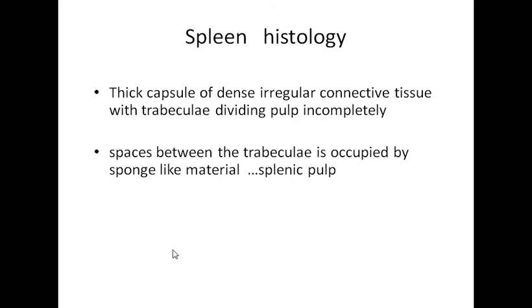And this capsule sends extensions inwards into the stroma. These inward extensions are known as trabeculae, right? Now, what's the importance of trabeculae? These trabeculae divide the stroma into compartments, incomplete compartments, right?